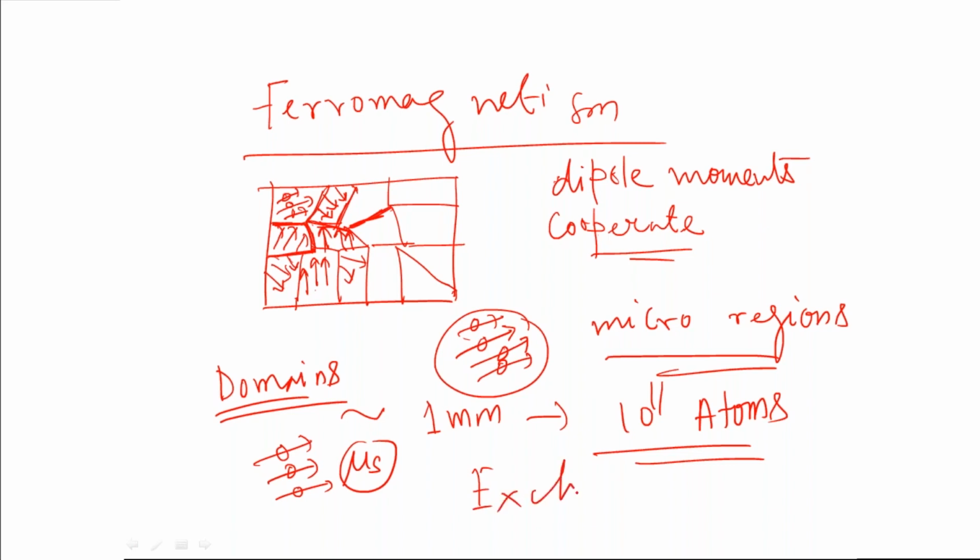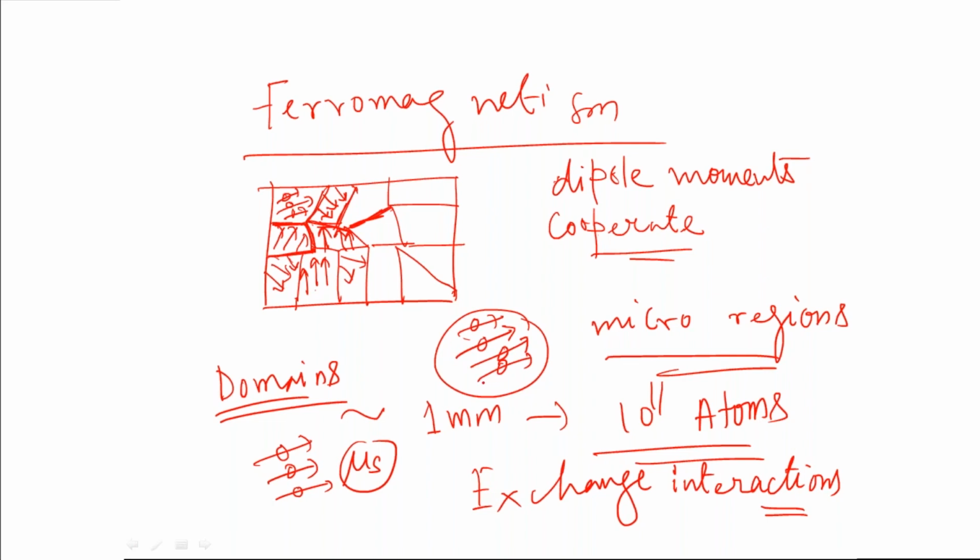That I can say, but it is out of your syllabus. You will learn it in higher classes. There is something called exchange interaction, which happens among them. Exchange interaction happens among the electrons, sorry, the spins.